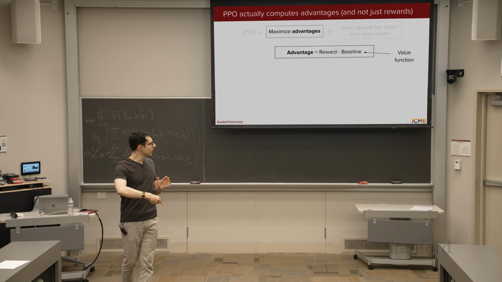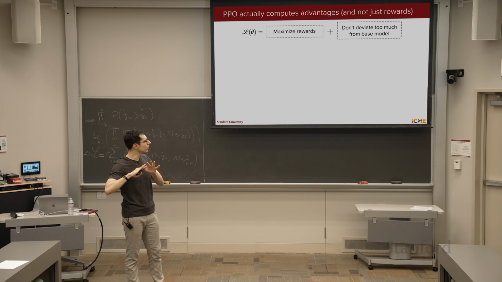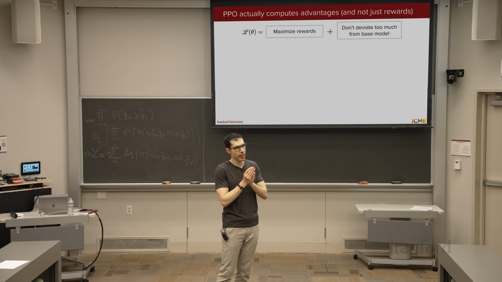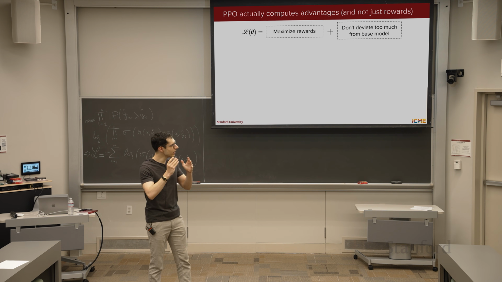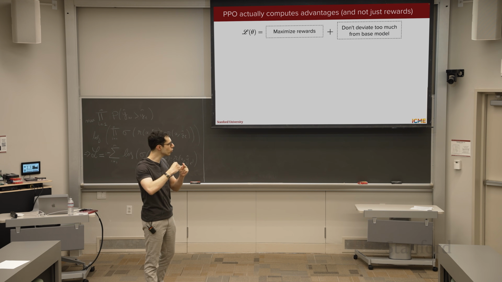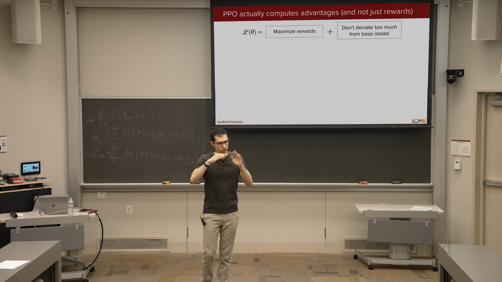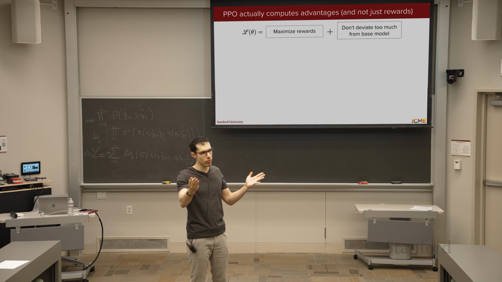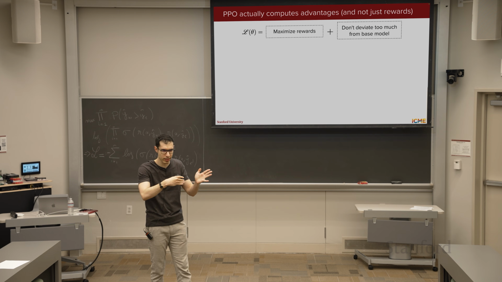In other words, what we want is to maximize the rewards, but not deviate too much from the base model. But we also want to find a way to make the rewards more relative to what you would actually expect. You want to compare the rewards you're obtaining with an average response. The idea is, if you're having a great reward, what would the reward be in the average case? And you still want to maximize that.